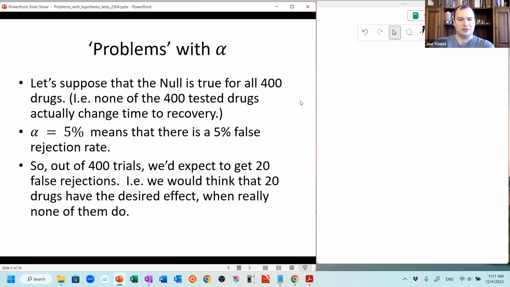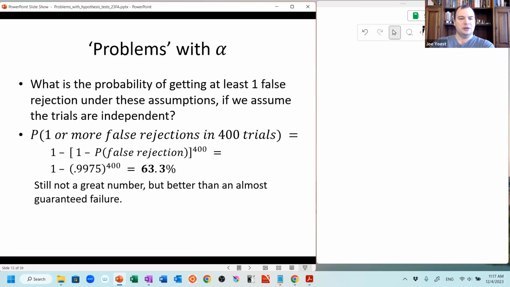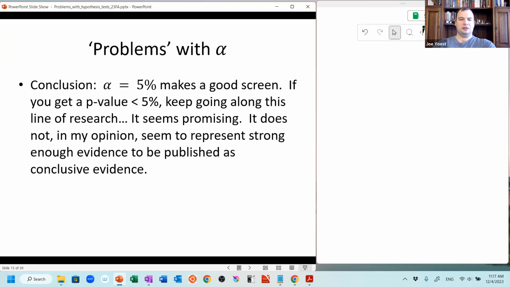I'm not going to go through the details here, but one of the important things to take away is that if you look in the New England Journal of Medicine or something, and they say, we did this experiment and we got this really cool finding, and it's statistically significant at the 5% level, that probably ought not suggest to you that this is settled science, that this is conclusive evidence and we can move on to something else now.